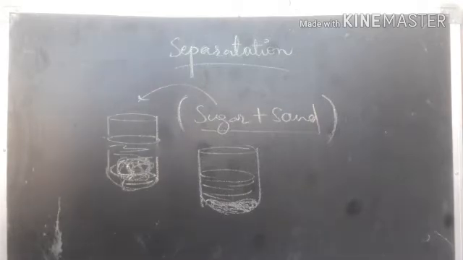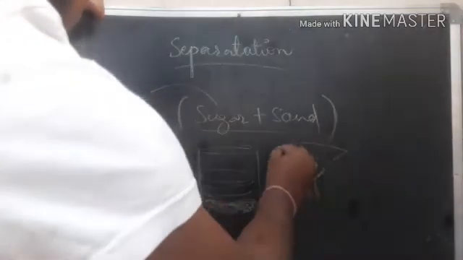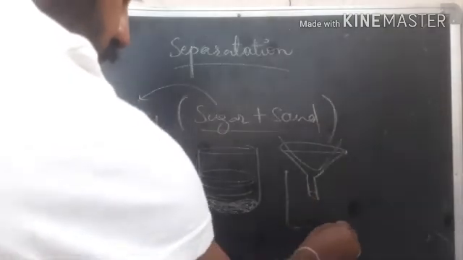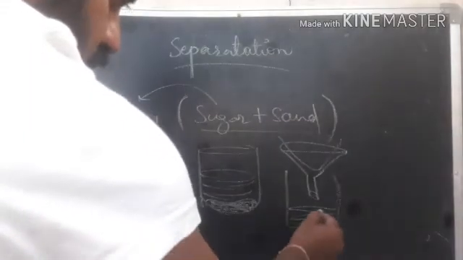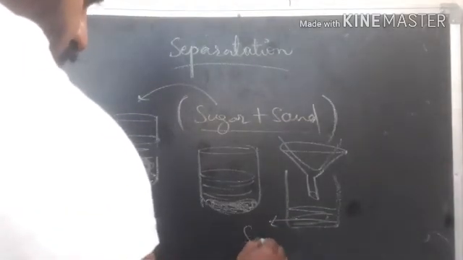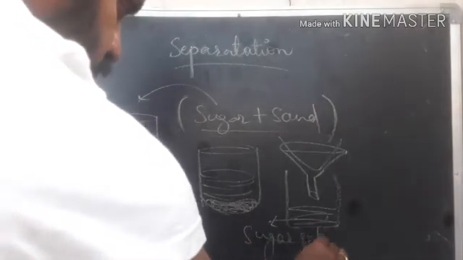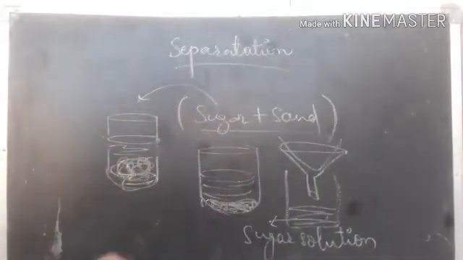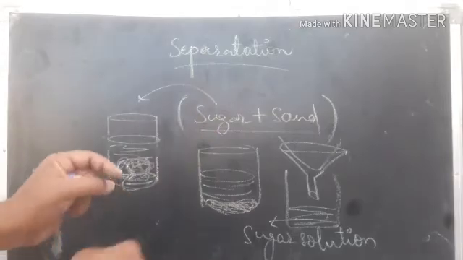Now, by using a filter, we can separate the pure sugar solution. Now it is sugar solution. What we did here, simply we filtered, right?